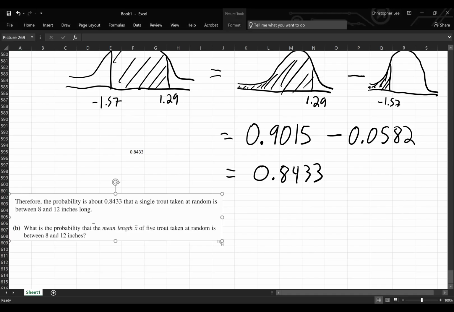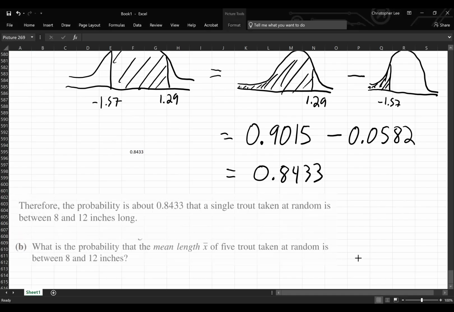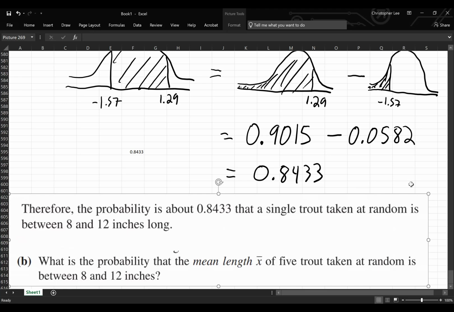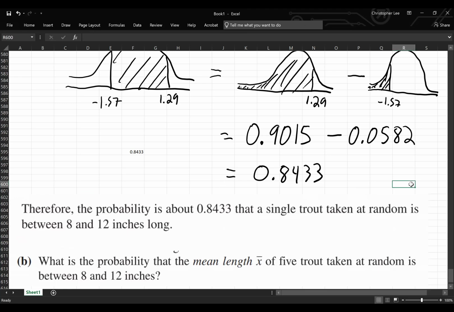Therefore, the probability is about 0.8433 that a single trout taken at random is between 8 and 12 inches long.